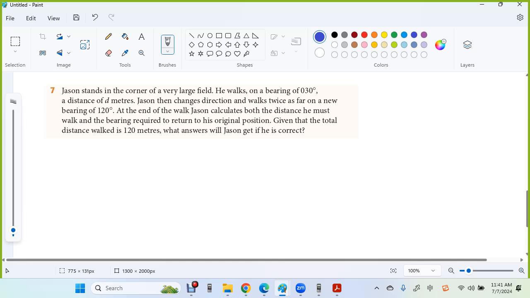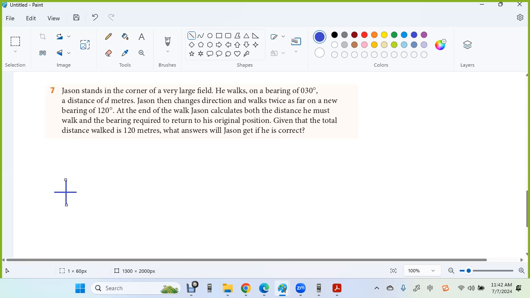Total distance walked is 120 meters. What answer will Jason get if he is correct? It is both the distance he must walk to return to the original. Okay, so imagine Jason is here.